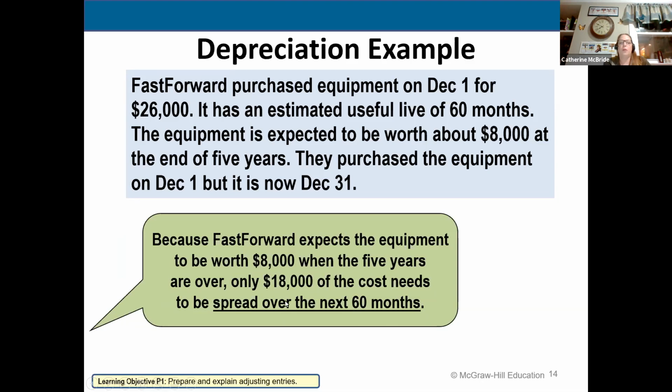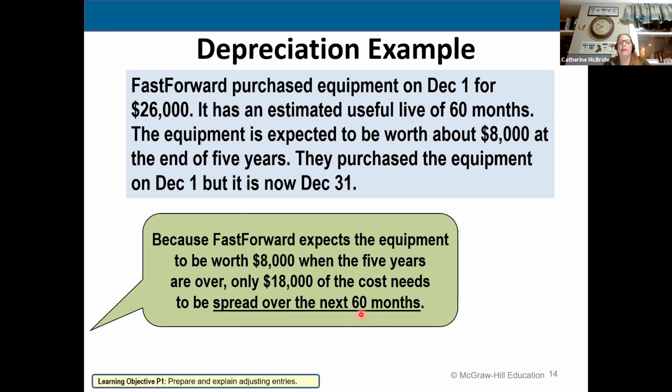So the first thing we're going to do is calculate depreciation expense. If we take the $26,000 and subtract the $8,000, we have $18,000. That's what's going to go on the top of our equation, the cost minus the salvage value.